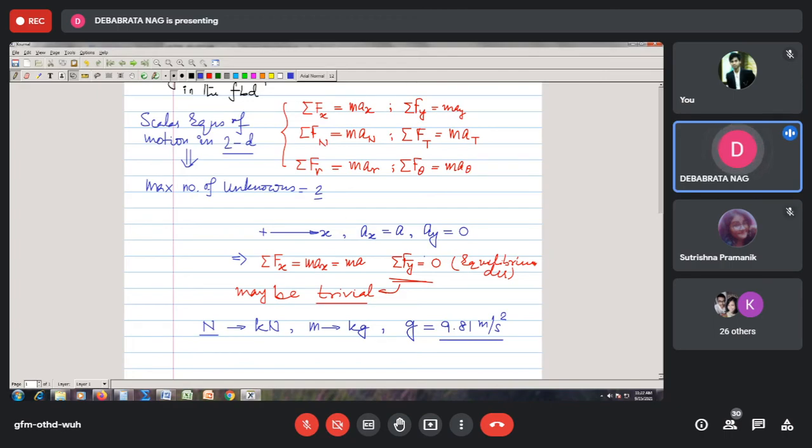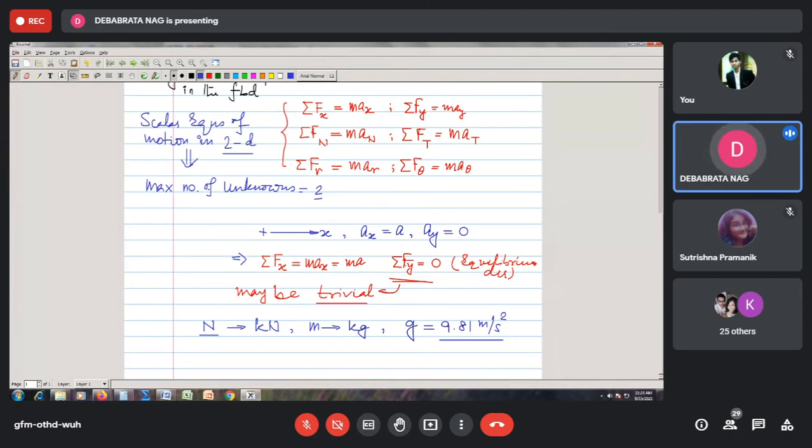However, if you do have forces in the y direction, then it may not be naturally obvious that the summation of the forces in the y direction, in case of rectilinear motion along the x-axis, is 0. So in that case, you need to write that equation, that it is equal to 0, and from there you may have to solve certain unknowns, and that is termed a non-trivial equation.